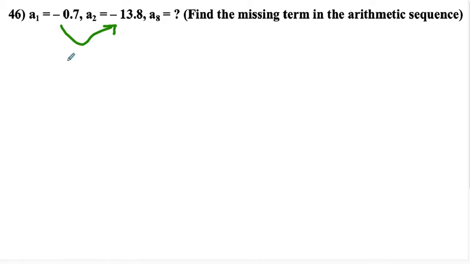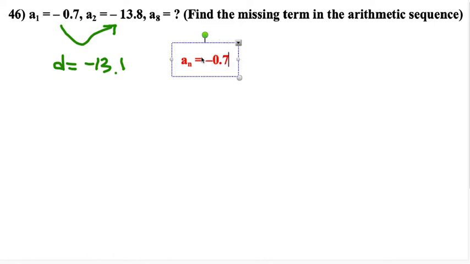Negative 13.1. So my common difference, d, is equal to negative 13.1. What does that mean? I could now write the explicit formula. A sub n equals negative 0.7.